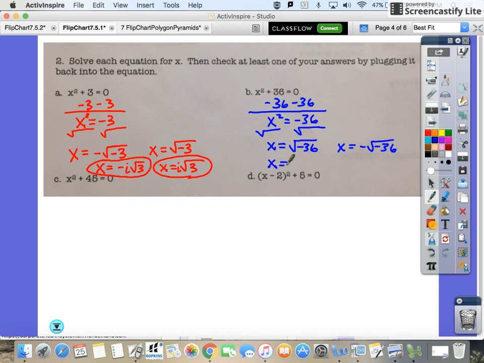Well, this ends up being 6i, and this is negative 6i. Because of this negative here, and then the square root of 36 is 6, but the negative gives us the i. All right, I'll pause this. We'll do the next one on the next video.